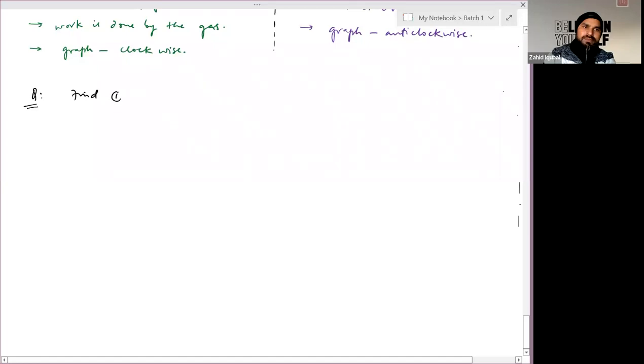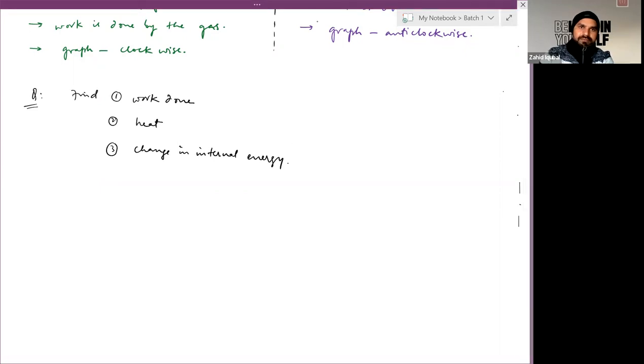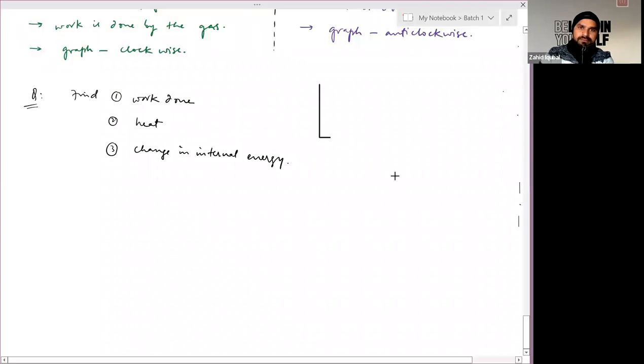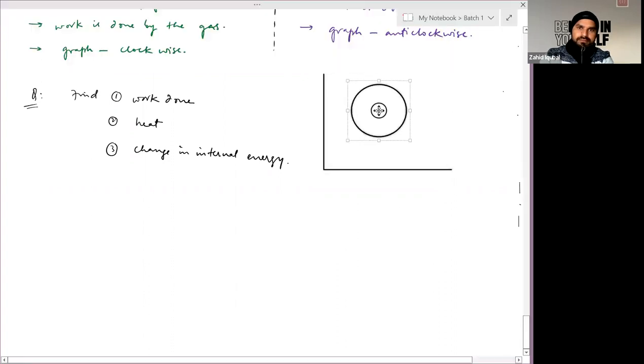Find first work done, second heat, and third change in internal energy, if we have this pressure versus volume.